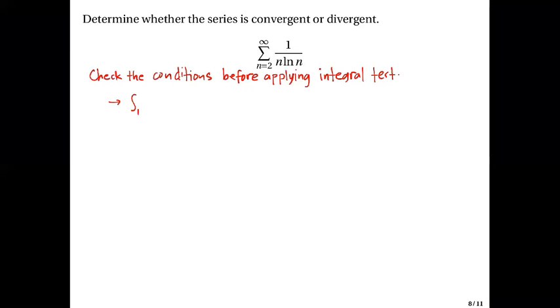We have the integral from 2 to plus infinity of dx over x ln of x. And then by definition, this is the limit as t approaches plus infinity of the integral from 2 up to t of dx over x ln of x.